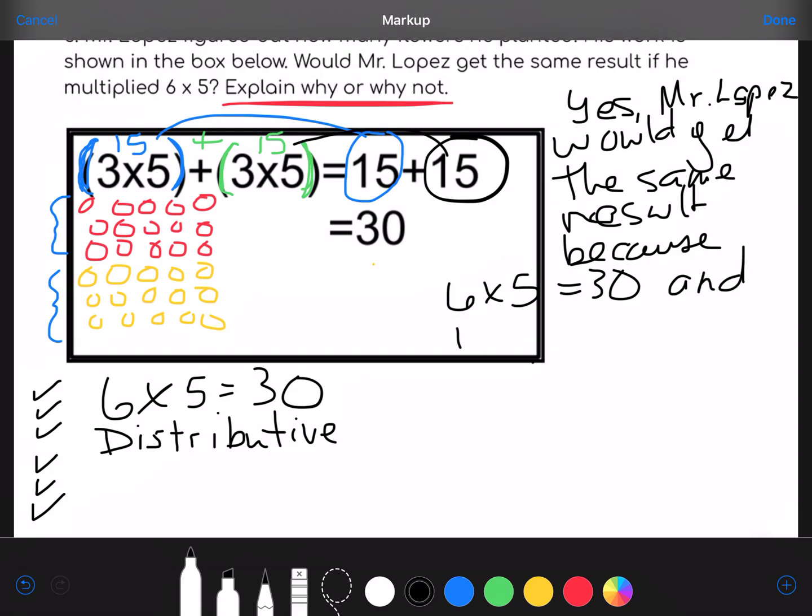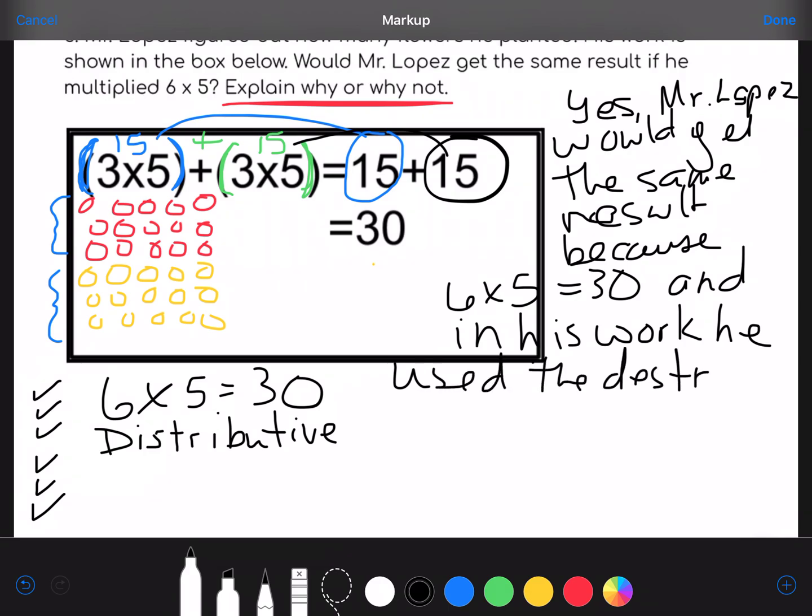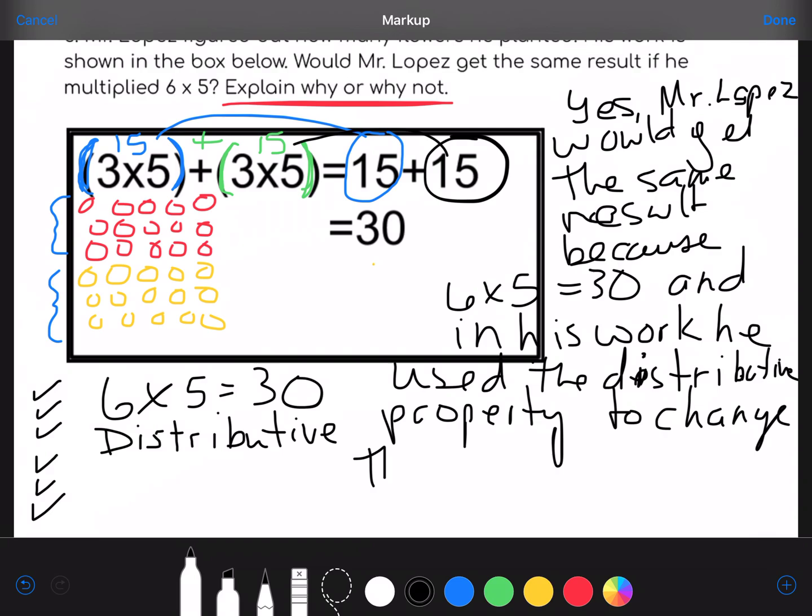And in his work, he used the distributive property to change the 6 to 3 plus 3.